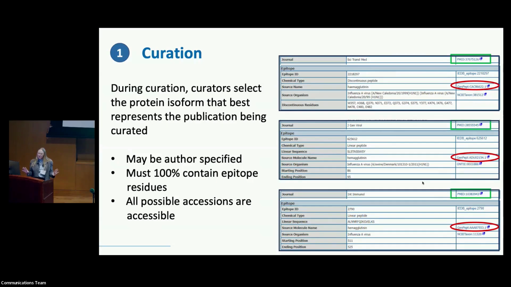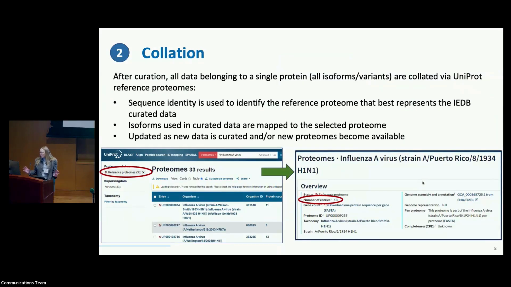So our curators use anything, whether it's UniProt or GenPept or PDB or whatever is available. And because there is some data for species where not a lot of proteins have been deposited, sometimes we have to make up our own, which we hate to do because, again, we're not protein people. And we periodically go back and see if new, better ones have come out. And then we collate this data using UniProt reference proteomes.